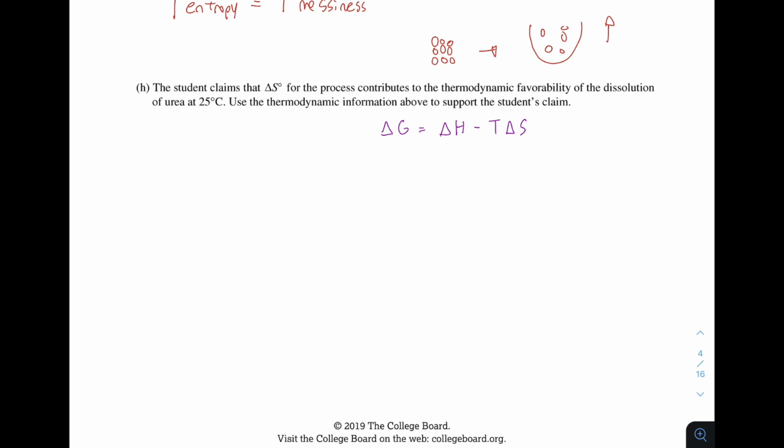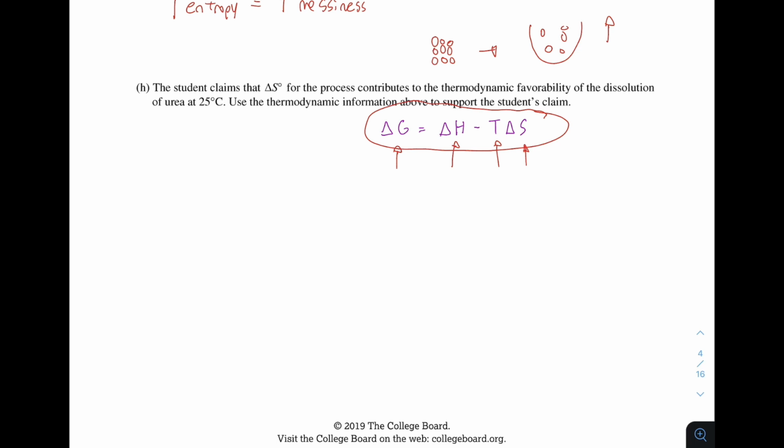So for this question, we're going to be dealing with thermodynamics, and we're going to be using this equation I drew out right here for Gibbs free energy. And the variables in this is on the left we have Gibbs free energy, and then on the right side we have Gibbs free energy is equal to enthalpy minus temperature multiplied by the change in entropy.